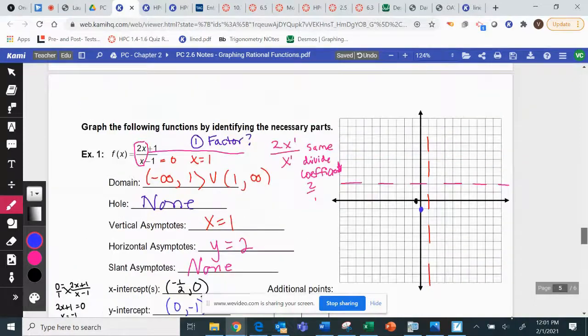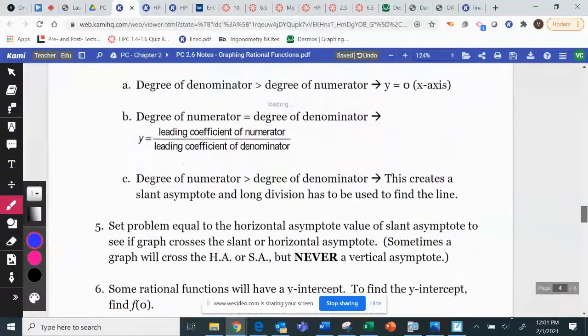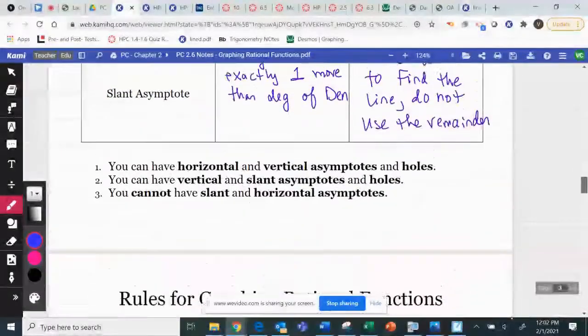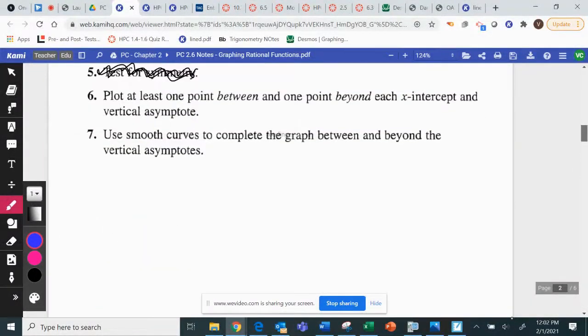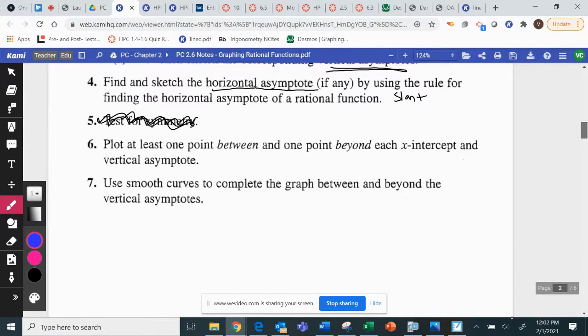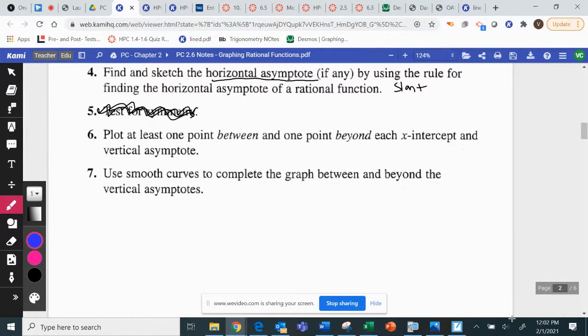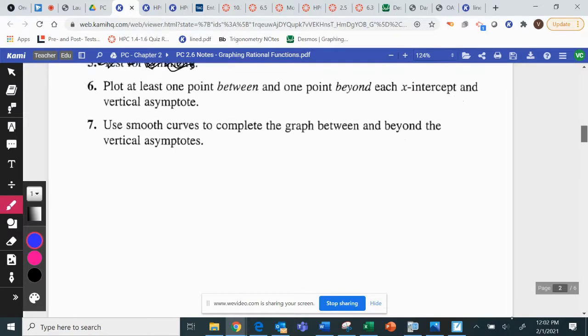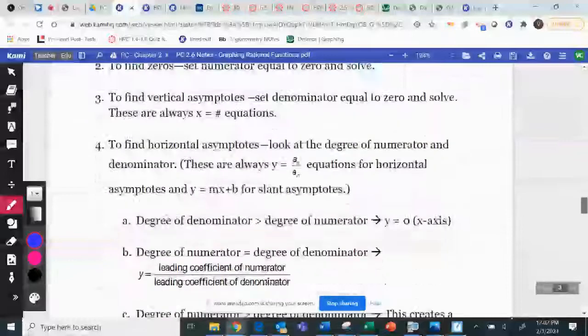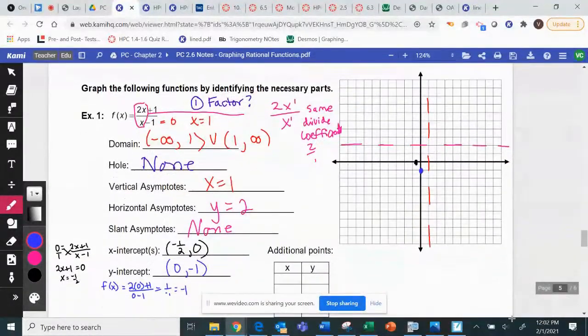Somewhere around here it said how to find where you should find points. I think it was on this side. It's plot at least 1 point between and 1 point beyond each x-intercept and vertical asymptote.